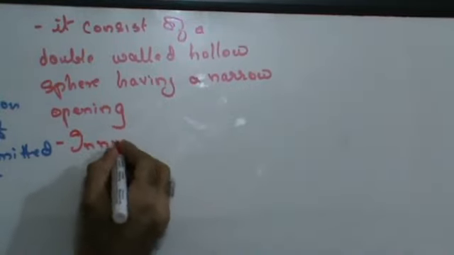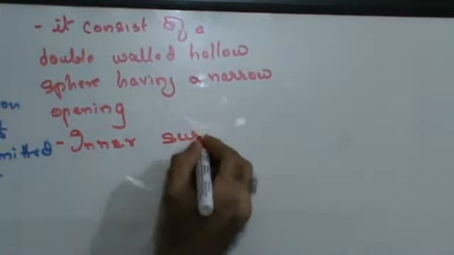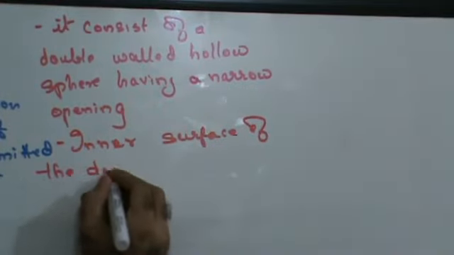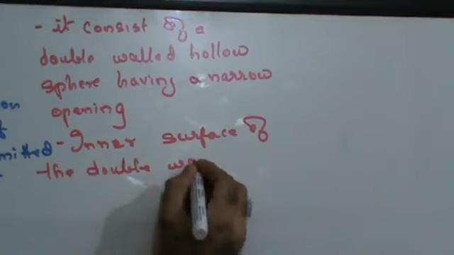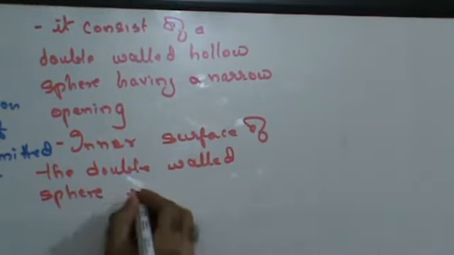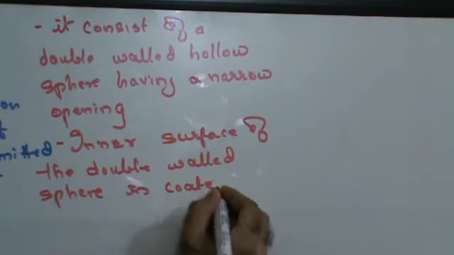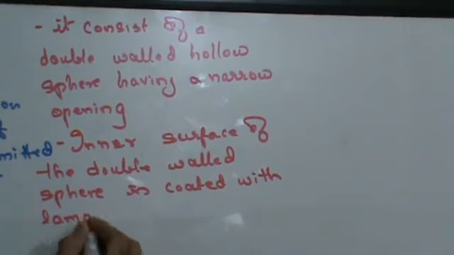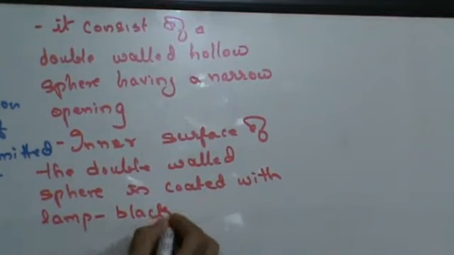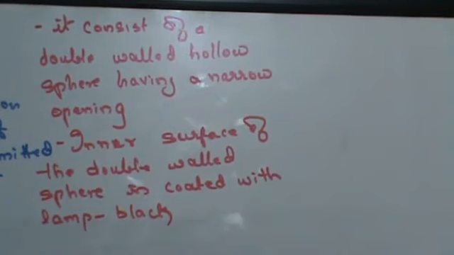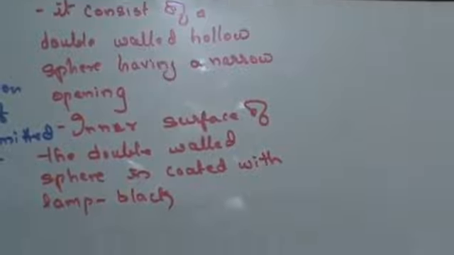The inner surface of the double-walled sphere is coated with lamp black. I hope everybody knows what lamp black is, what is used in your shoe polish. And the outer surface is polished.